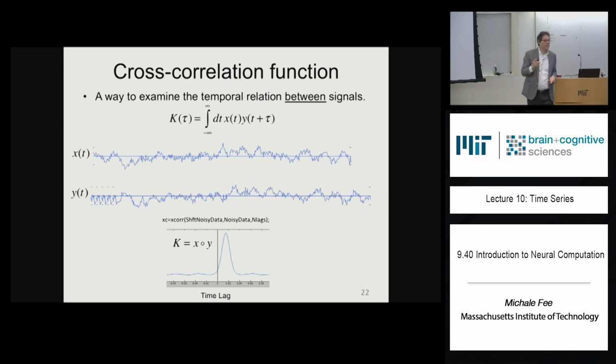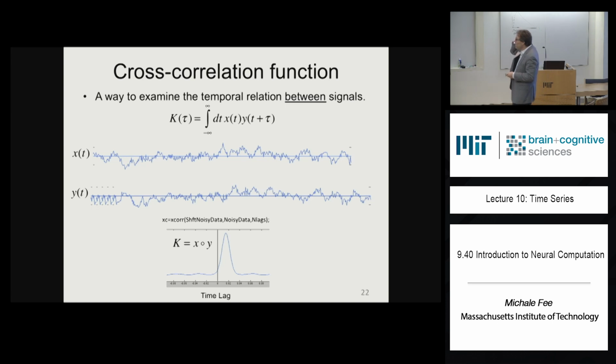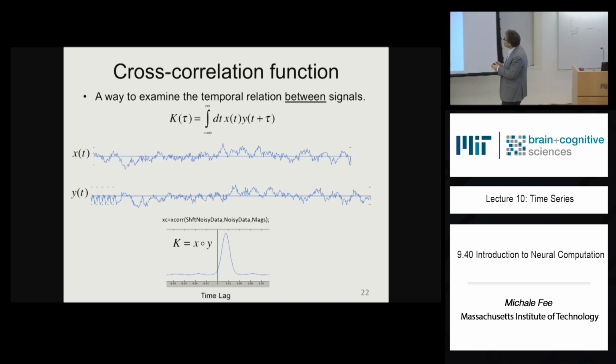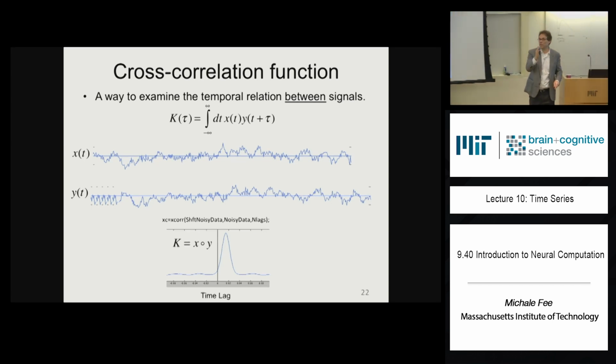There's another context in which this lag cross-correlation function is really useful. So when we did the spike-triggered average, when we took spikes from a neuron, and at the time of those spikes, we extracted what the input was to the neuron, and we averaged that all.